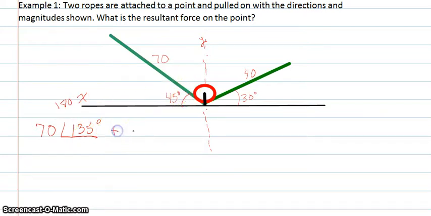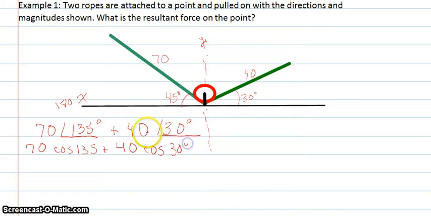And then that would be added to 40 at an angle of 30 degrees, because that would be in the first quadrant, and this would be in the second.